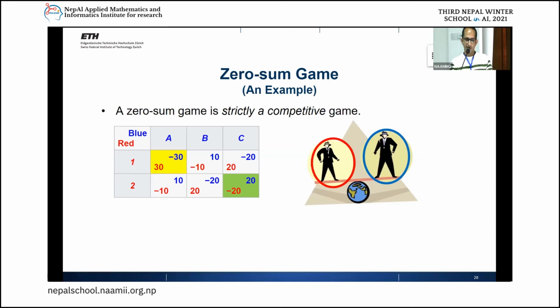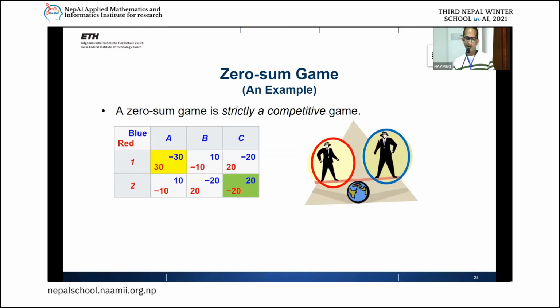So for the red player, choosing the yellow box is clearly the better choice. If the blue player chooses A, the red player can safely choose 1, and hence the red player can get 30 points of whatever benefit.